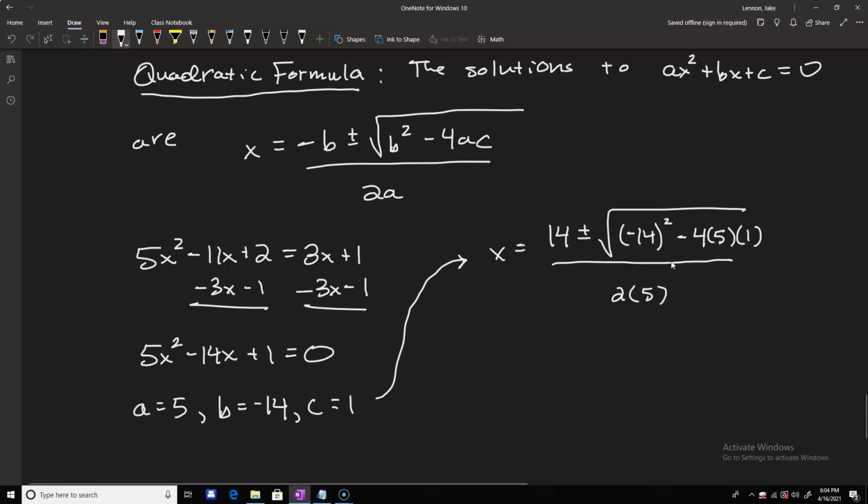So let's try to simplify. We have x is equal to 14 plus or minus the square root of 196 minus 20, over 10.